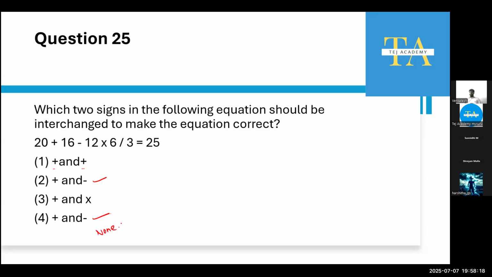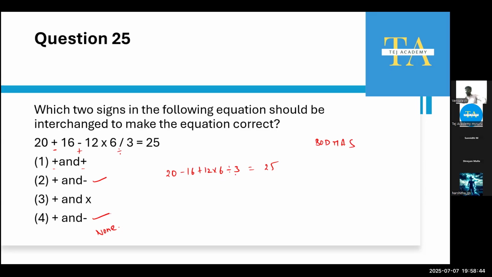But let me check option 4. If I check option 4, plus and minus you can interchange. This is the minus, this is the plus, this is the division. So 20 minus 16 plus 12 into 6 division 3. So we should be able to get the value equal to 25, right? Use the BODMAS rule.